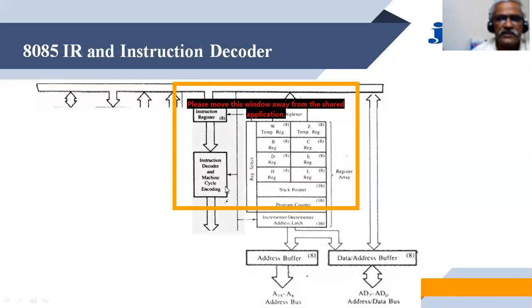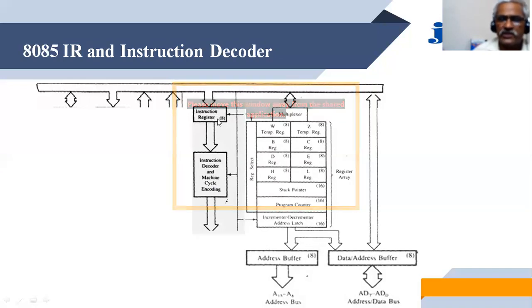Next are the instruction register and the instruction decoder. So what is the purpose of the instruction register? The instruction register, as you can see, is an 8-bit register. It holds the instruction code that is being read from the external world, that is, from the memory.